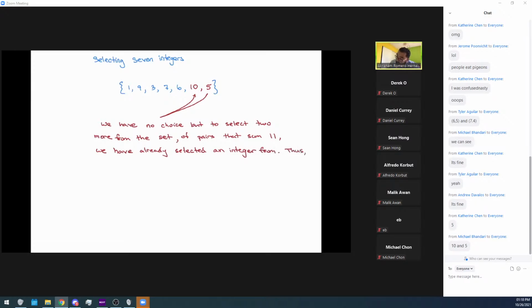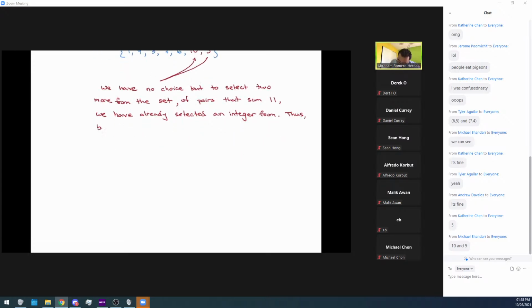Thus, by the pigeonhole principle, we will have at least two pairs that sum to 11.